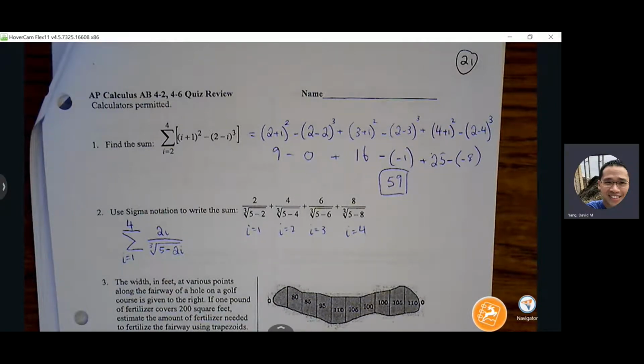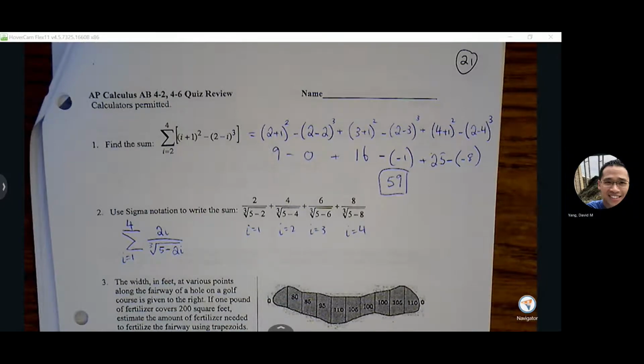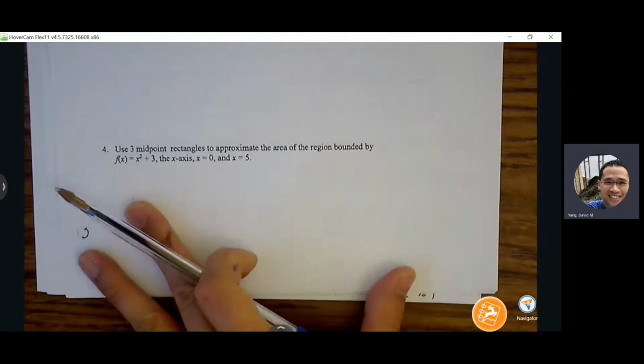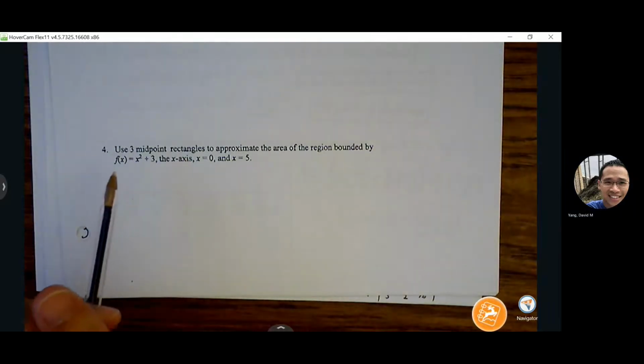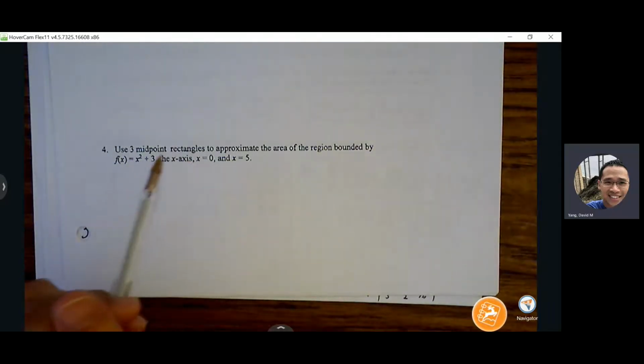Okay, let me skip number 3 for now, and let's go to number 4. Okay, so number 4 says use 3 midpoint rectangles to approximate the area of the region bounded by the function, the x-axis, x equals 0 and x equals 5.